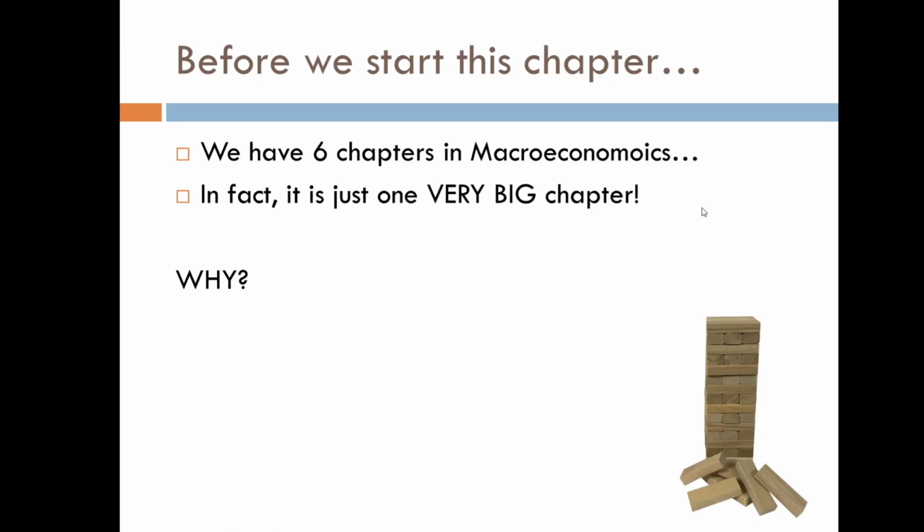I'm pretty sure you realized it when we were talking about the business cycle, because just one business cycle, you can talk about economic growth, inflation, balance of payments, unemployment, and then you can extend it to some policies maybe. So it's just one very, very big chapter. Make sure you do understand everything.